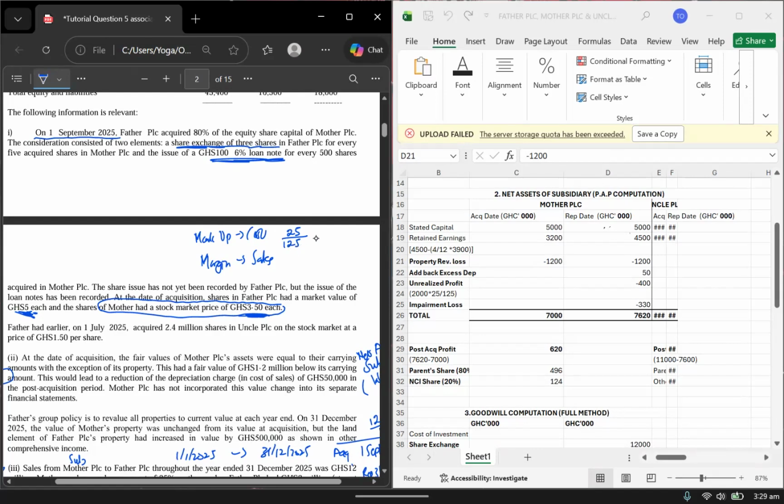Then it gives you what? The margin. Okay, because margin is on sales and sales is bigger, so you expect this margin percentage to be bigger than what? The markup. Okay, as in the base. The base, please, when you are converting 25 out of 125, you actually get 20%.